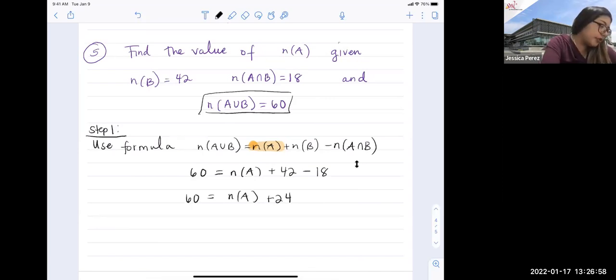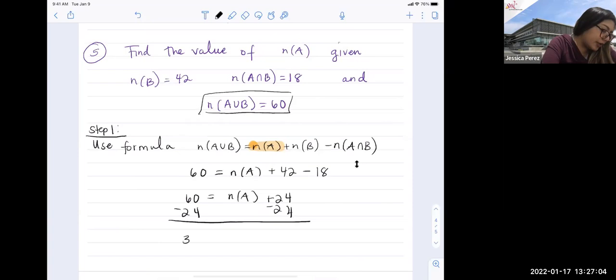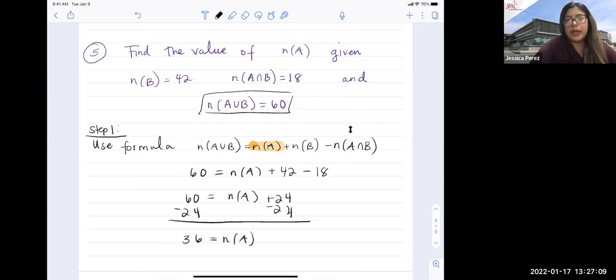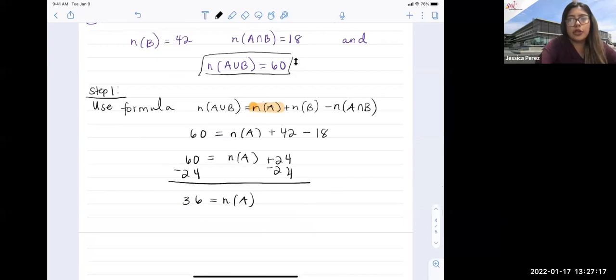And then we have 60 over here. Well, we subtract both sides by 24 and we get 36 is equal to the cardinality of A. So our final answer should be 36 because we're solving for n of A.